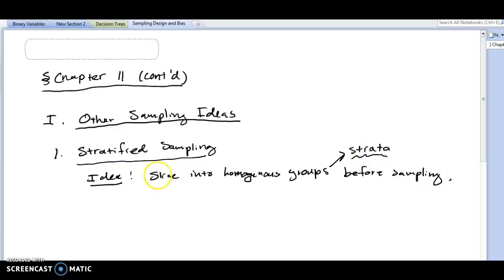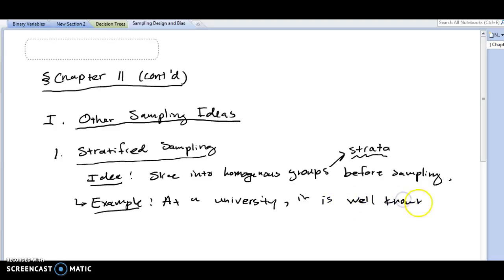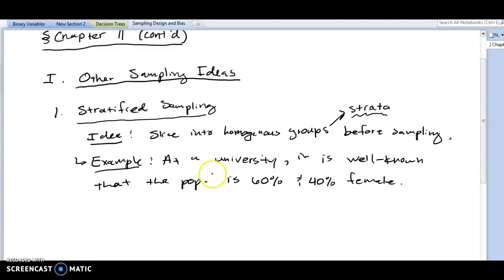Okay, so an example of this might be at a university. It's well known that the population is 60% male and 40% female. So you want to conduct a sample in this way.